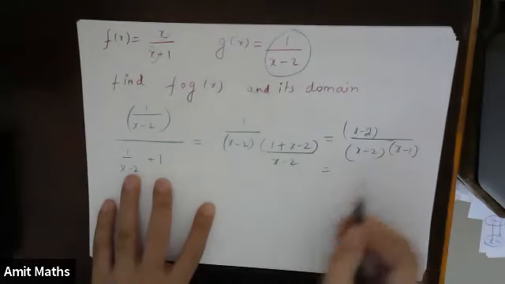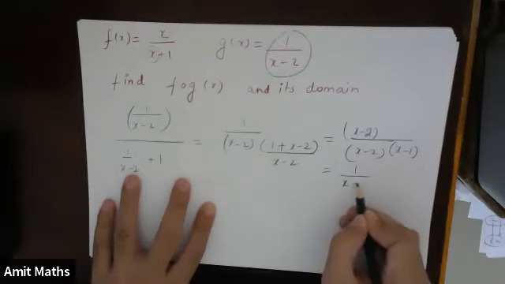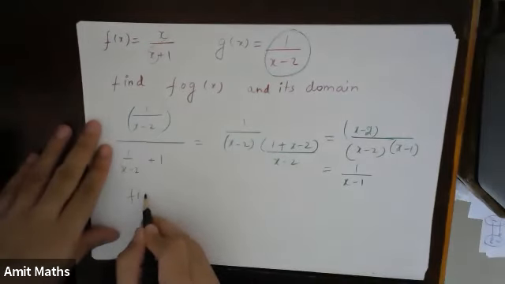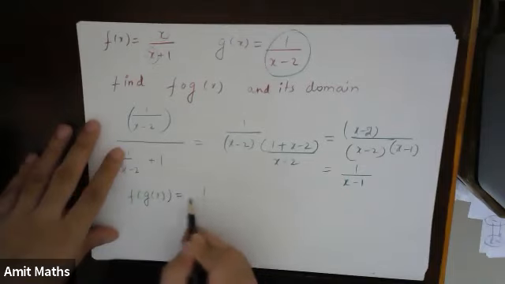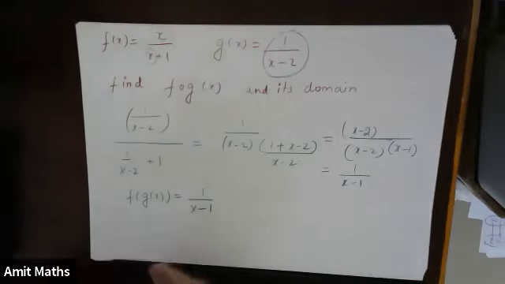Okay, so this will become 1 upon x minus 1. So this is f of g of x is equal to 1 upon x minus 1. So this becomes your f of g of x.